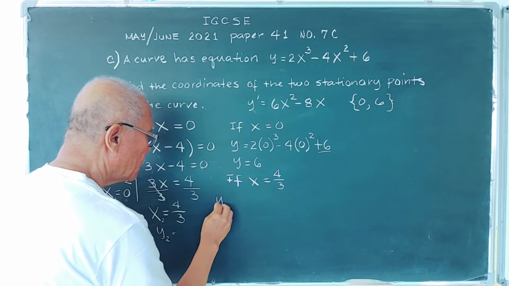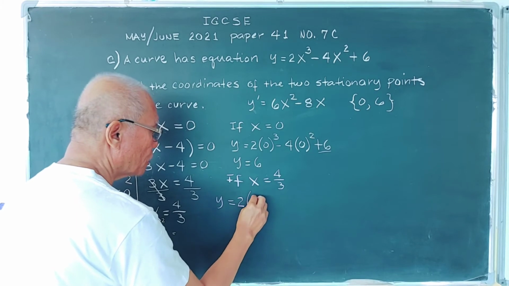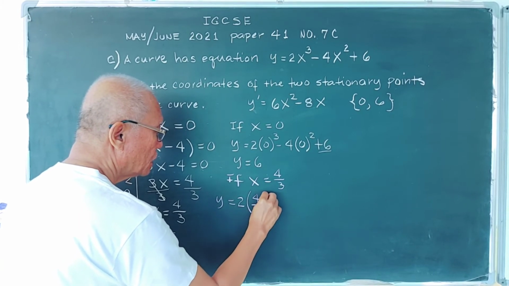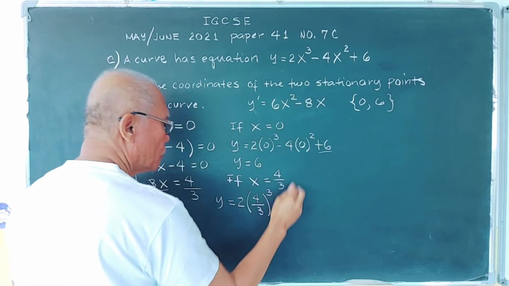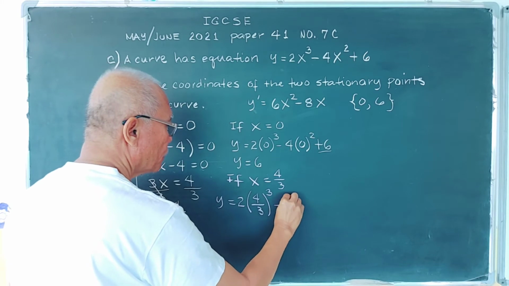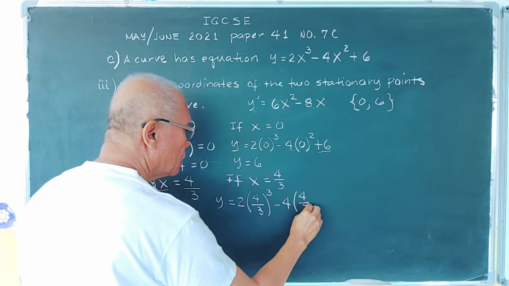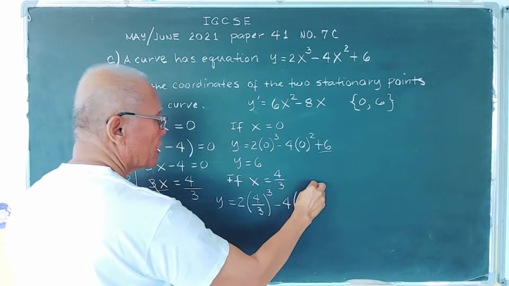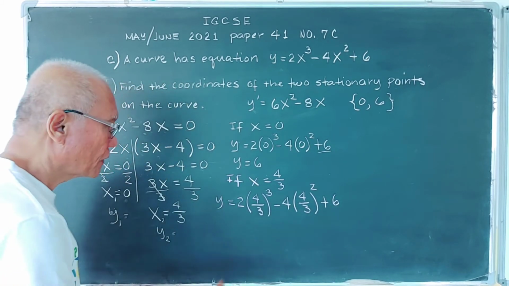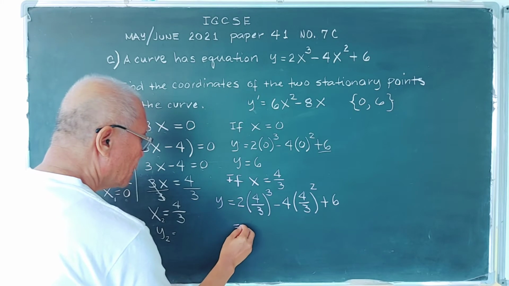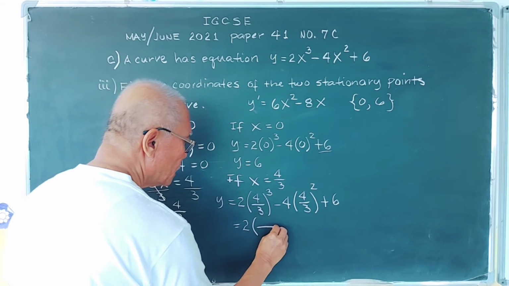So we have here y is equal to 2, replace x by 4 over 3, and that one is raised to the third power, minus, it's minus here, and we have 4 times x is 4 over 3 to the second power plus 6. Okay, so here we have 2 and we have fraction here.